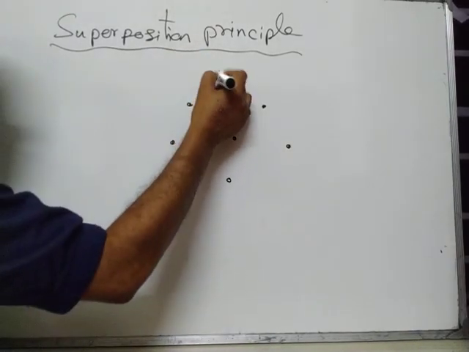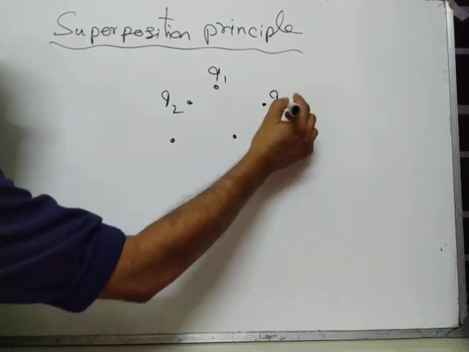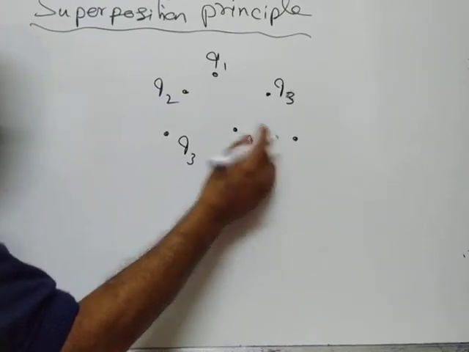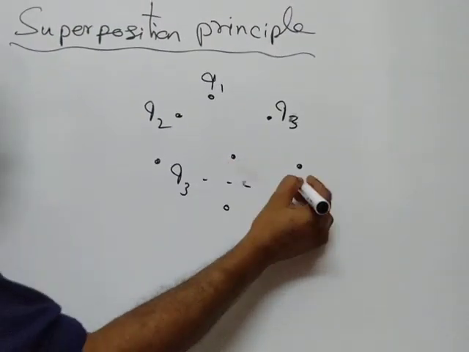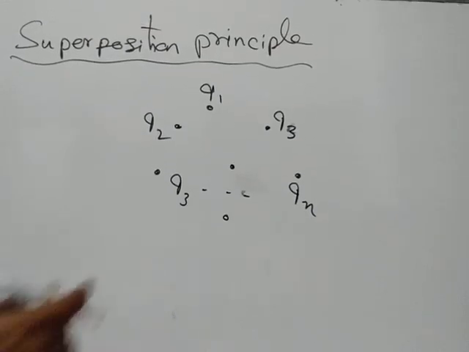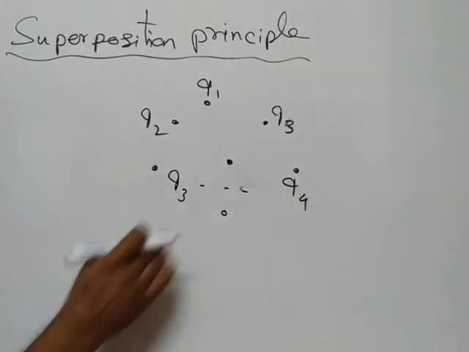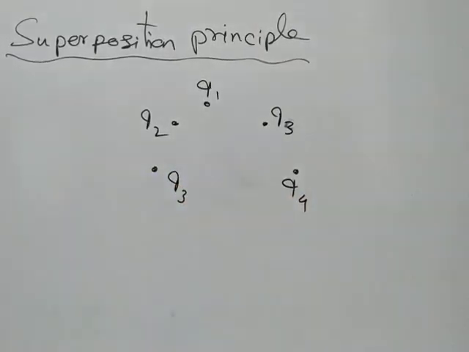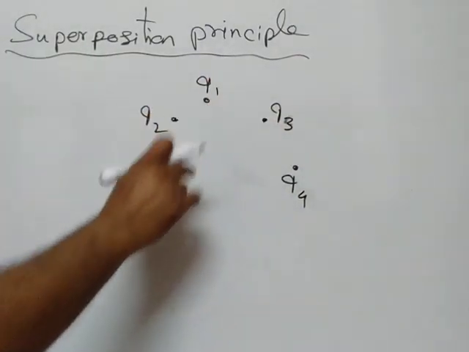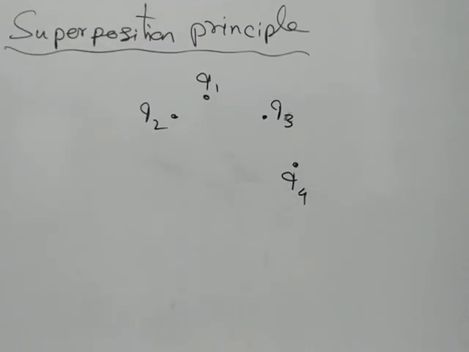Let there be many charges Q1, Q2, Q3, up to Qn. We first take four point charges Q1, Q2, Q3 and Q4.